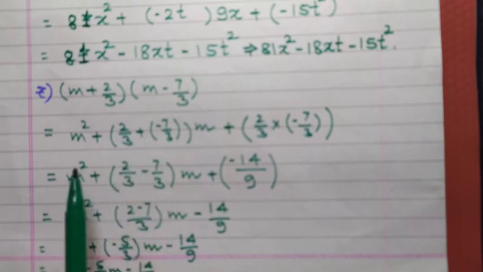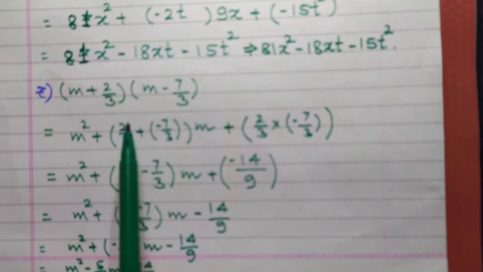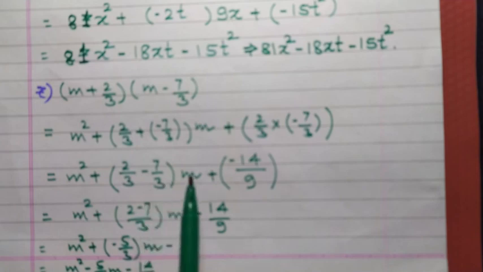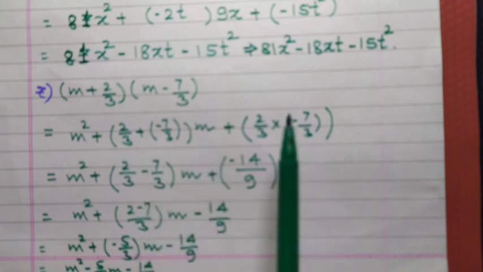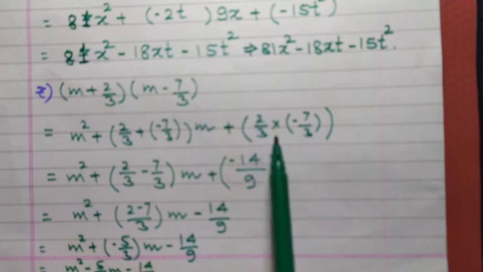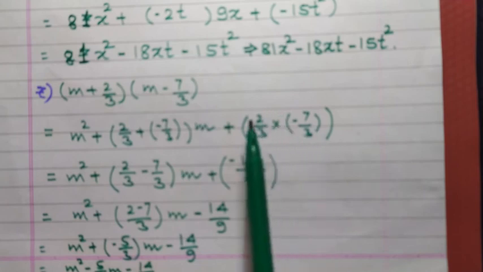We'll open the bracket now. So here m square plus (2/3 plus into minus will be minus 7/3) into m plus. Now we have to multiply these two fractions. How to multiply fractions?